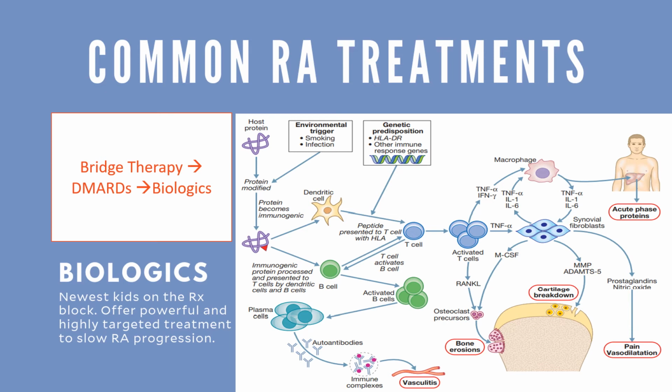So these drugs are great. There are some medications that block TNF-alpha, like Humira, Enbrel, Remicade. There are some medications that prevent autoantibody formation, called rituximab. Some other medications inhibit interleukin 1 and 6, anakinra and tocilizumab.